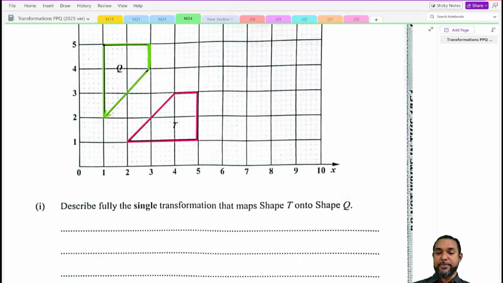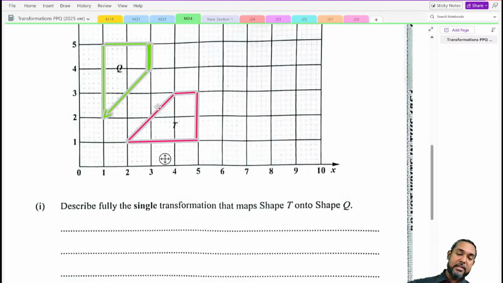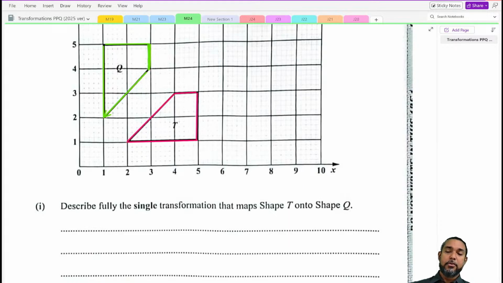Enlargement, no, if it was an enlargement, it just would have gotten bigger. It could have got smaller, but it wouldn't have shifted around the orientation. Rotation is what some people might say, but you see, that diagonal line would always be on that side. So yeah, it is a rotation. Sorry, a reflection. It is a reflection.